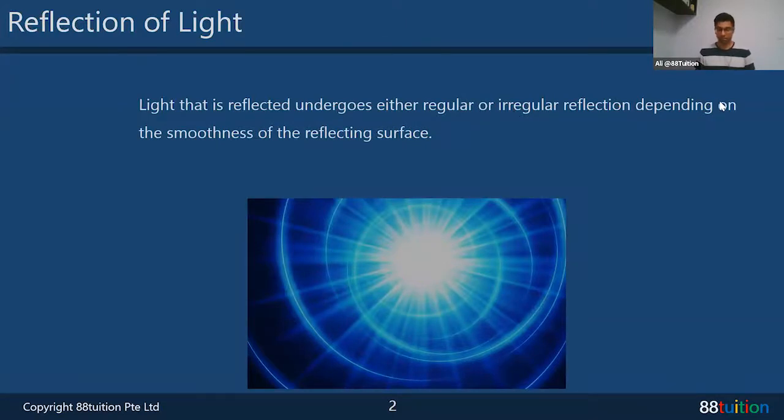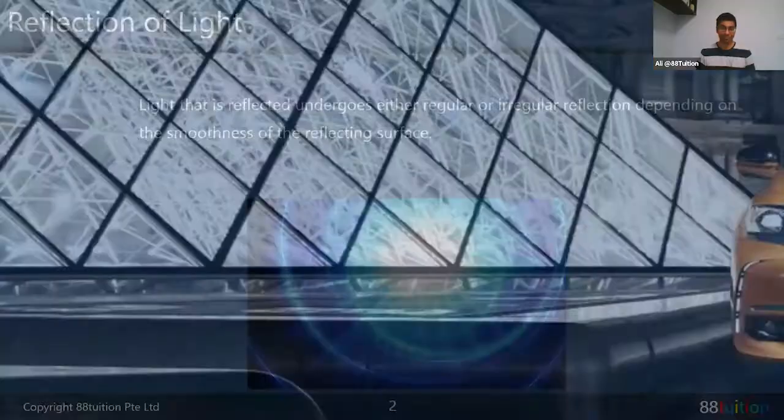Who knows? Can you type for me? Irregular reflection can be called by another name. What is it? Let's see who can respond. Unconstant? No. In terms of light.